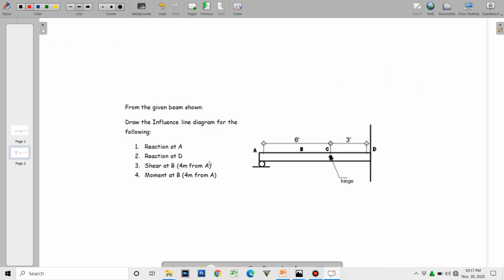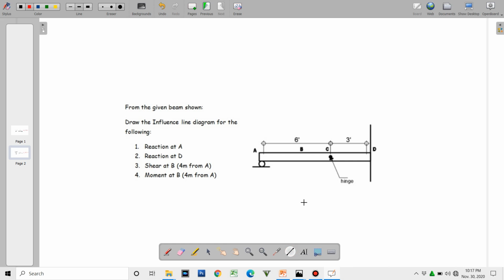For the second problem, first, the reaction at A. Again, we will remove the roller here and allow it to move upwards by 1.